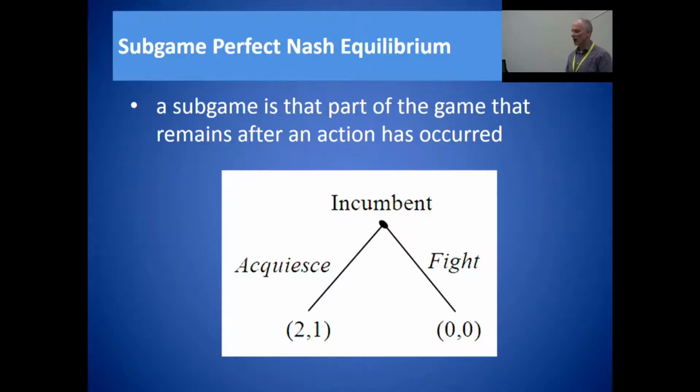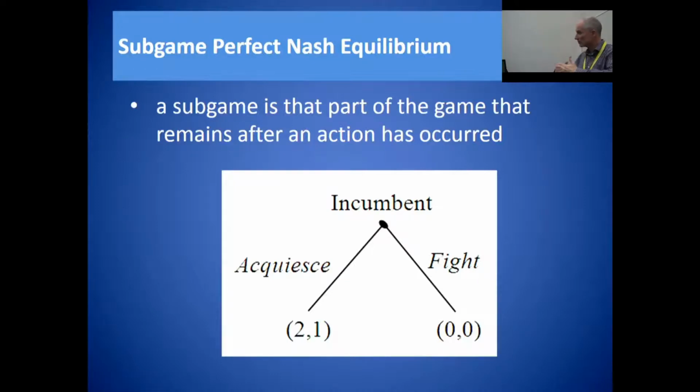So if we were to look at our game of market entry, after the challenger has chosen to enter the market, where the incumbent then chooses between the outcomes or the actions of acquiesce or fight, well, that is a subgame.